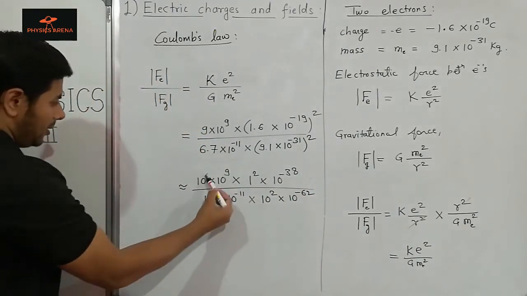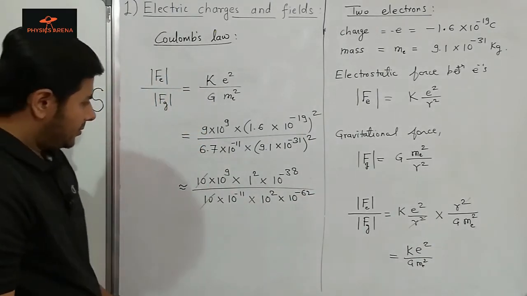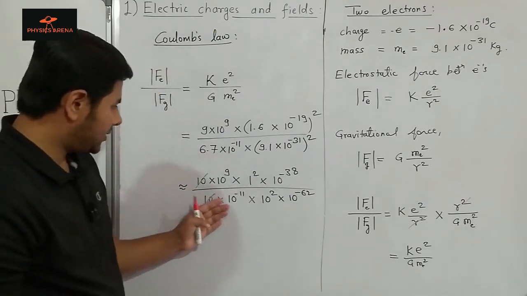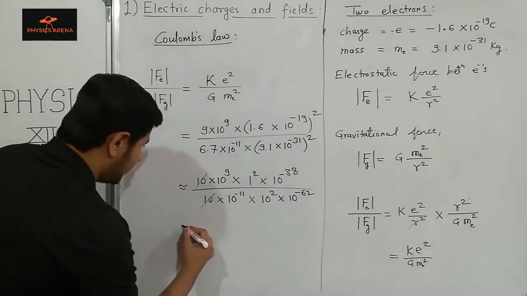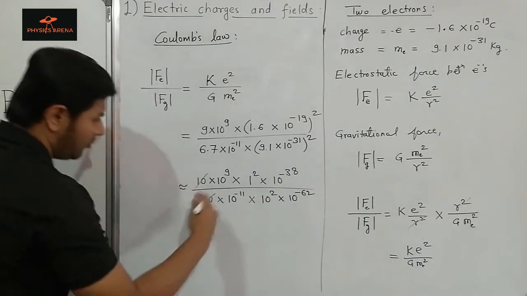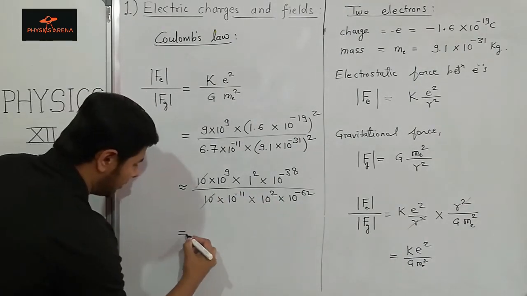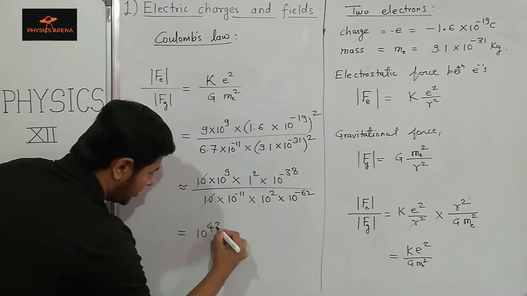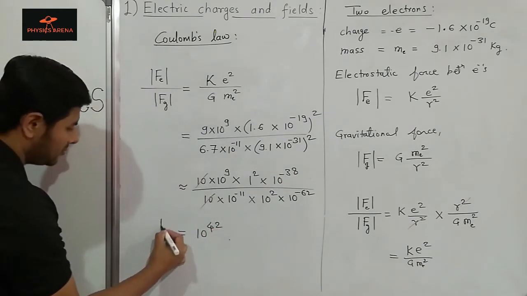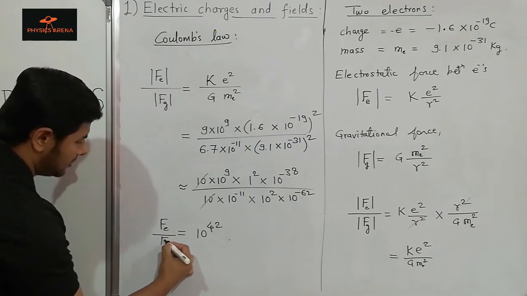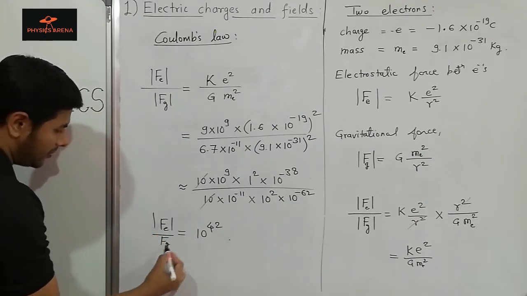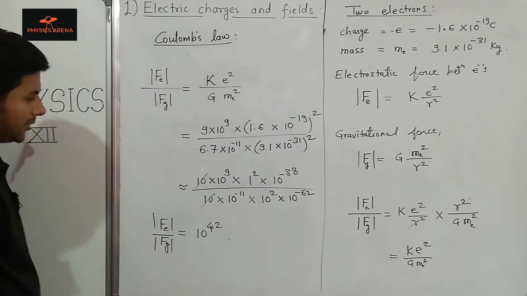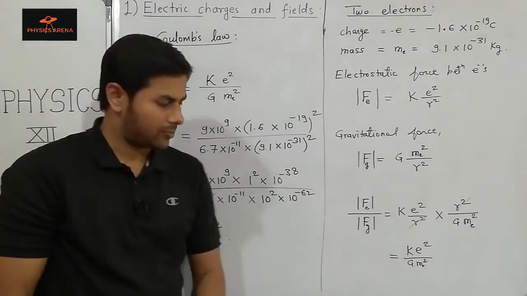Okay, now this thing gets cancelled and let's take the other things in numerator, and then if we do all these calculations we'll get 10 raised to 42. So this is the magnitude of electrostatic force divided by magnitude of gravitational force.